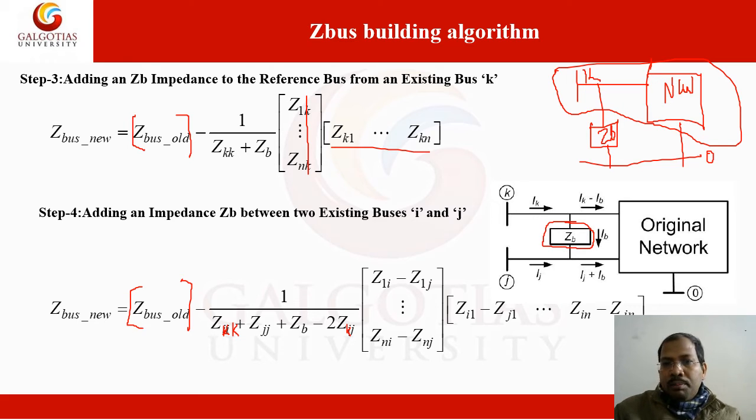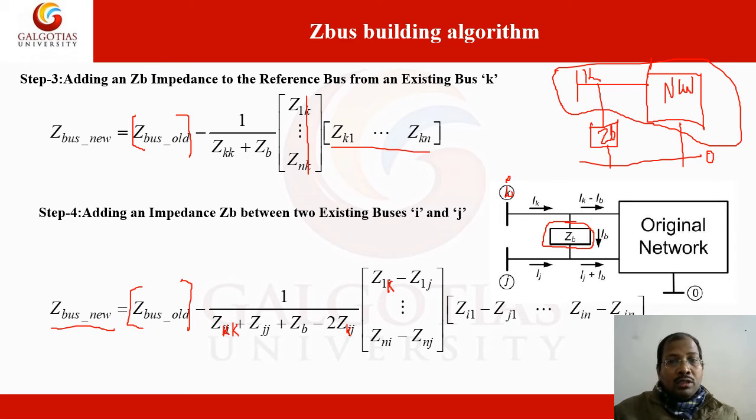And in place of I, just put the K. So here take the difference between the ith column and jth column from the old Z bus, put here. And similarly for the row, ith row minus jth row, element by element. So we have to put and simplify, and we can get the Z bus new. So this is the fourth step.